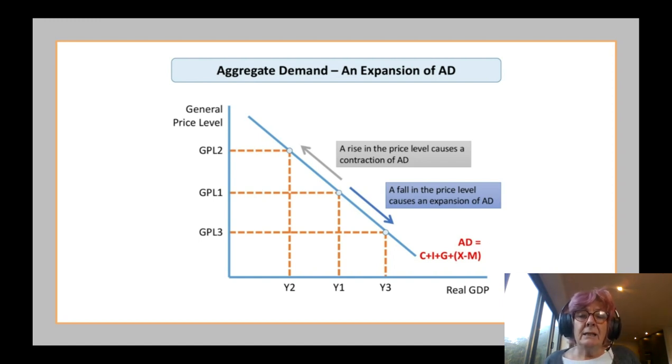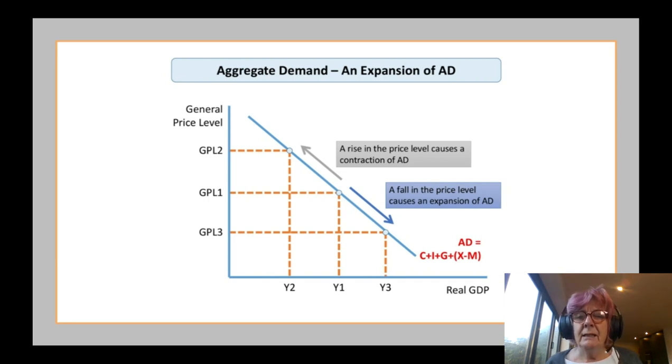And what we see is that if there's a general rise in prices across the economy, then we're likely to get a contraction of aggregate demand. So we see here when the price is high at general price level 2, aggregate demand is quite low at Y2. If the price level falls dramatically to general price level 3, then aggregate demand is likely to increase.